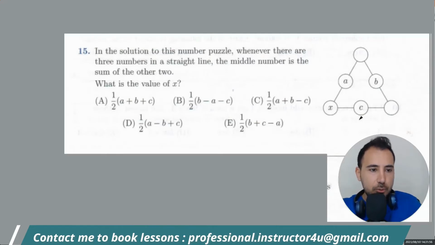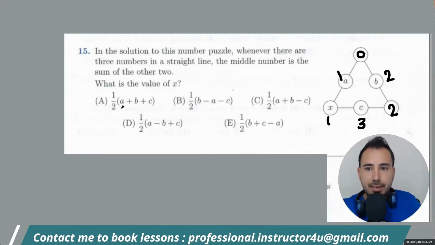So I will assume C is 3, X is 1, then this one will have to be 2. I would guess this one's 0, so B becomes 2. A will be the sum of 0 and 1. Whichever is the right answer, we'll have to work with these numbers too.